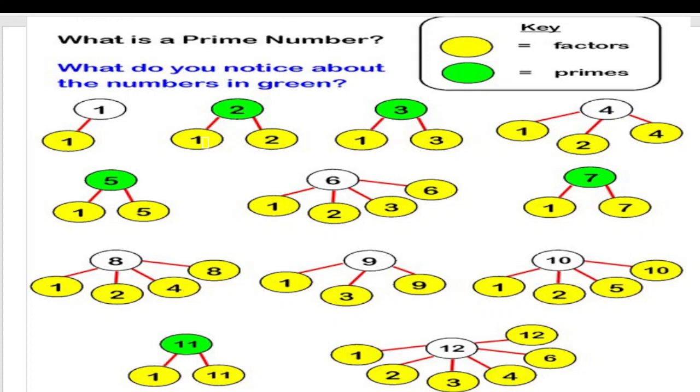2 has two factors, 1 and 2. 3 has factors 1 and 3. 4 has factors 1, 2 and 4. 5 has two factors 1 and 5. 7 has 1 and 7. 11 has 1 and 11.